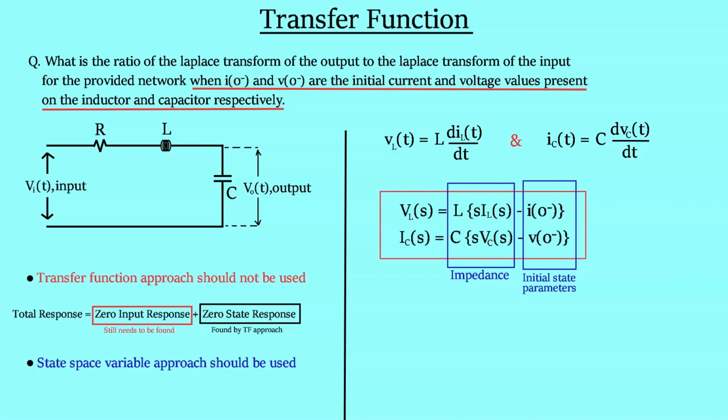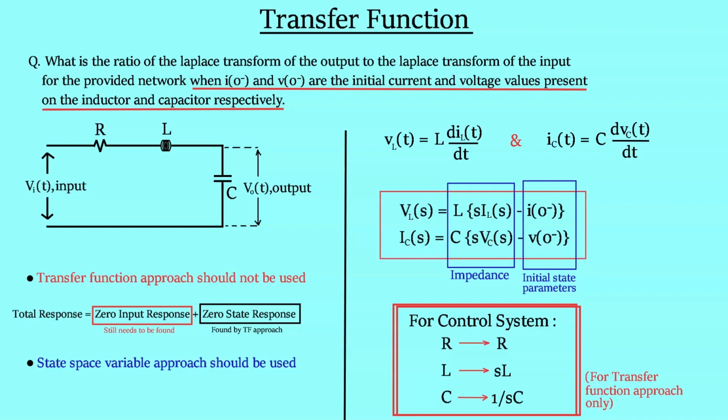This is the exact equation which you will be using a lot in network theory or electrical circuits, but in control systems, since most of the topics are dependent on transfer function, mostly we'll be using the impedance parameters only. In control systems, particularly when we are supposed to use the transfer function approach, when we have to convert a network from time domain to frequency domain, resistance will remain resistance, whereas inductor will change to Laplace variable S multiplied by the inductance, and capacitance will change to 1 divided by Laplace variable S multiplied by the capacitance.